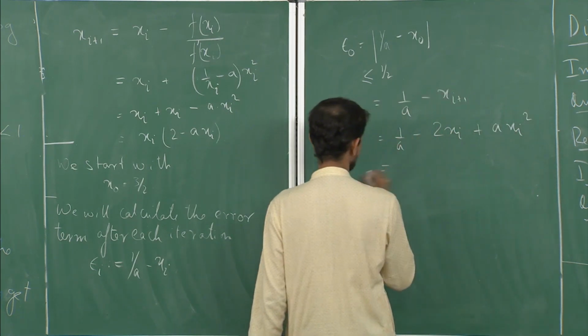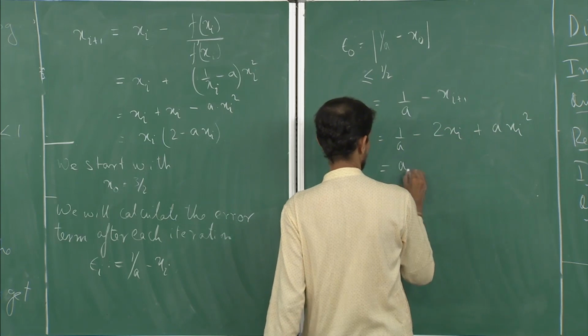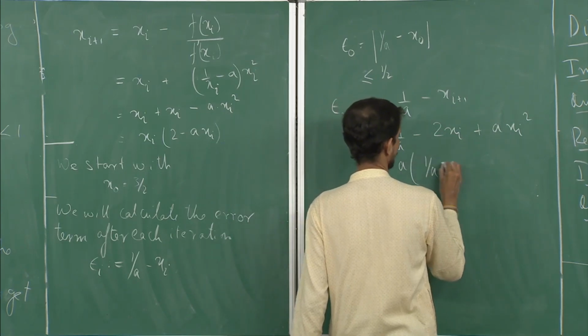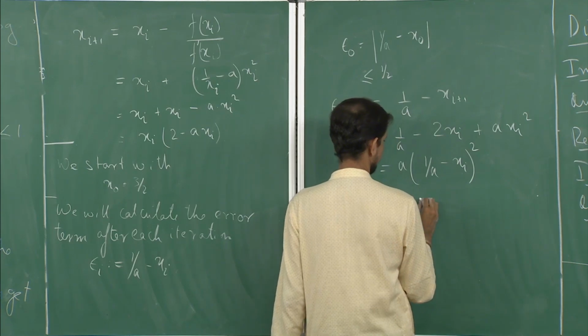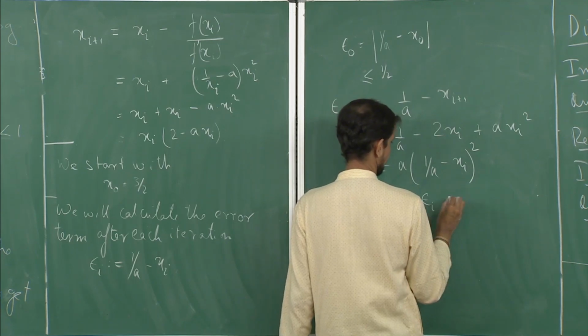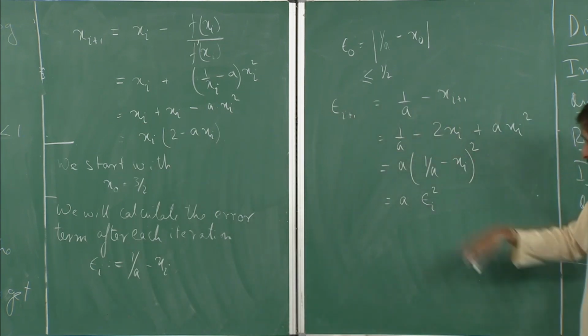And if you actually rearrange this, what you will get is a into 1 over a minus xi whole square, which is equal to a epsilon i whole square.